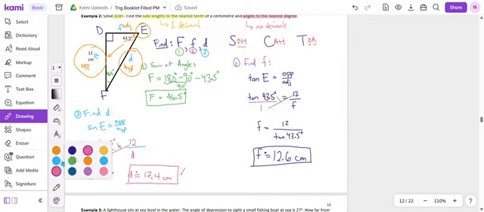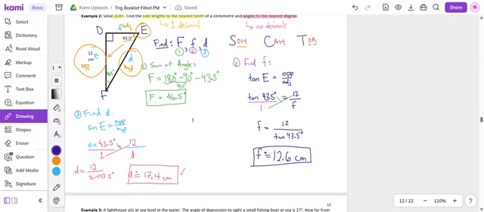Now, a little trickier is the critical thinking check for side F. So what we're saying is we've got a triangle that has two angles that are very similar, 43.5 and 46.5. It's almost an isosceles triangle, right? This picture here is not accurate.